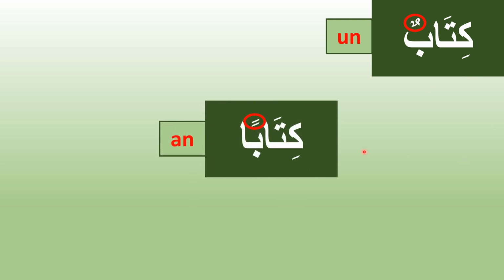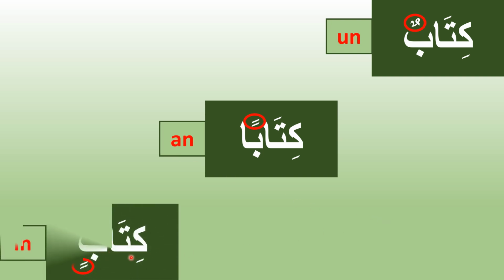Similarly, we have kitabun, that's the un sound, tanween. Kitaban, that's the an sound. Kitabin, the in sound. So we've looked at these examples where the word is ending in haraka, a single vowel, or tanween, which is the double vowel.